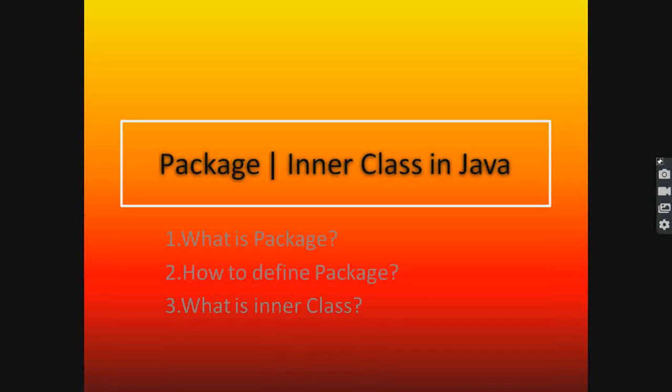Let me show you in the program. Here I'm going to create, I just clicked on new, and I create a class. The name of the class is C outer. I just click on finish.